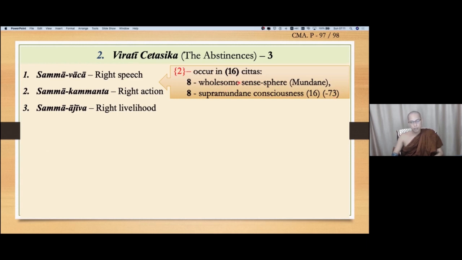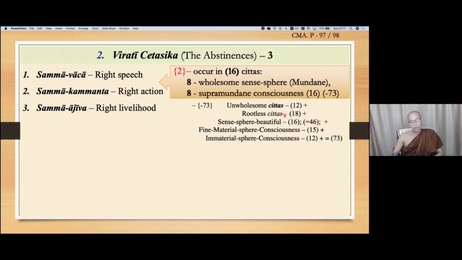So unwholesome, rootless, all. So 13. And so unwholesome, rootless, because they are non-beautiful. The viridities, the abstinences are beautiful. They have different nature. They cannot arise together.